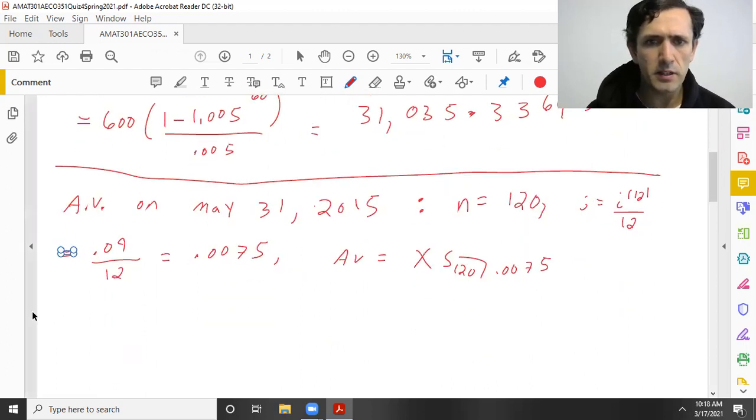And that is going to be X times (1.005 to the 120. That's not 1.005, 1.0075, sorry about that) minus 1 over 0.0075.